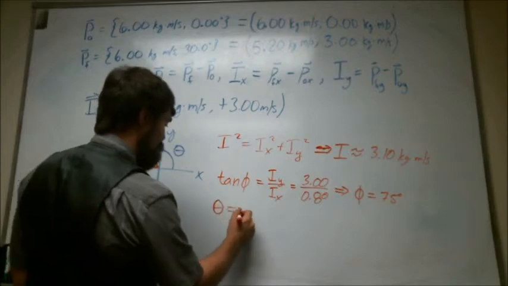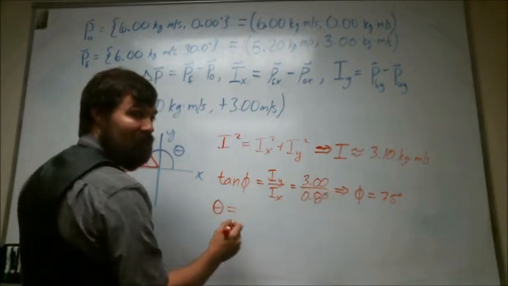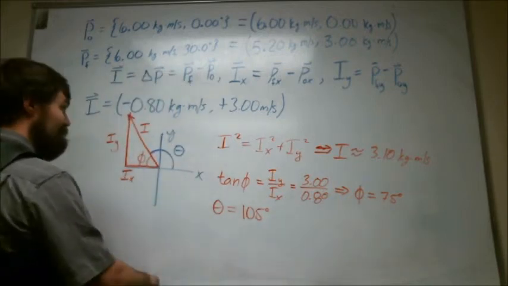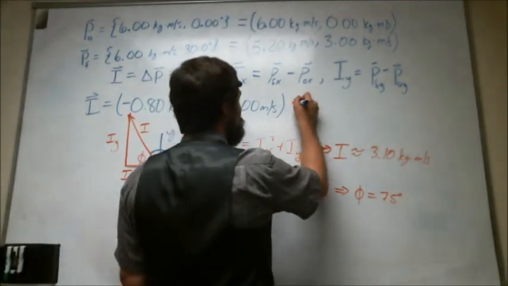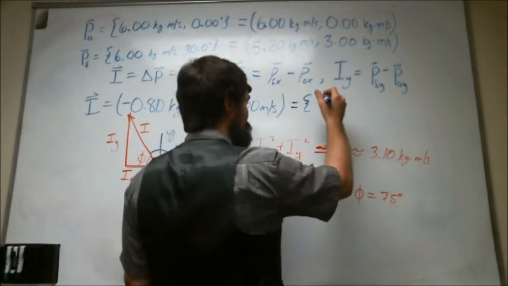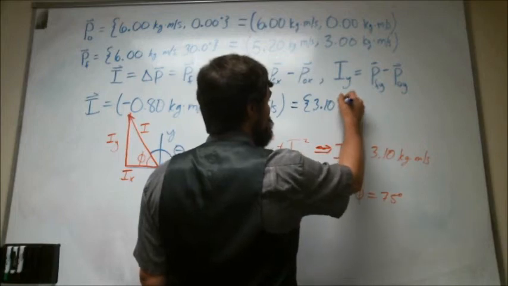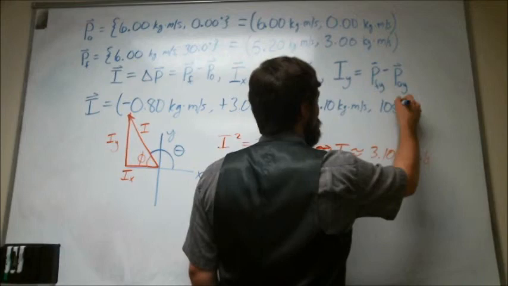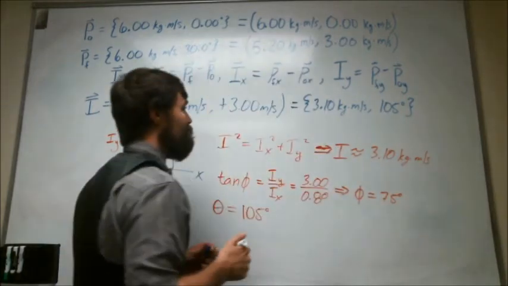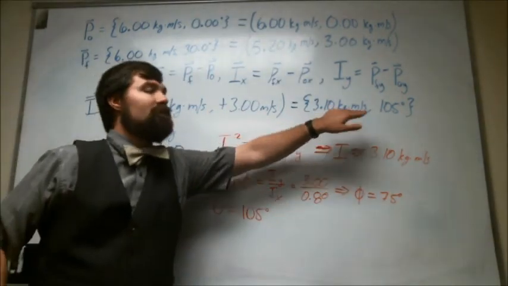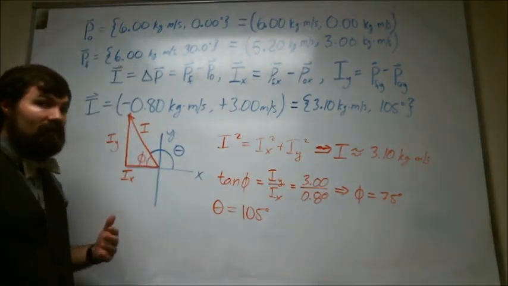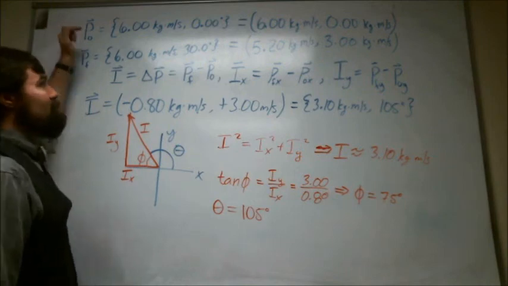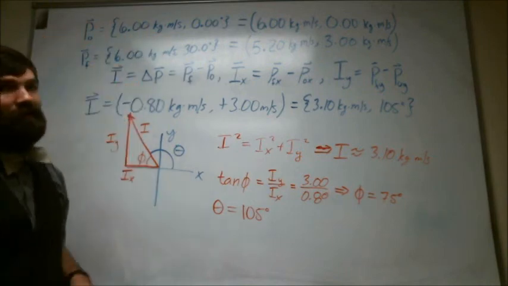So that means that theta must be 180 minus phi, which is 105 degrees. So that means that this impulse is 3.10 kilogram meters per second, comma, 105 degrees. So an impulse of this magnitude in this direction will change an object's momentum from 6 in the 0 degree direction to 6 in the 30 degree direction.